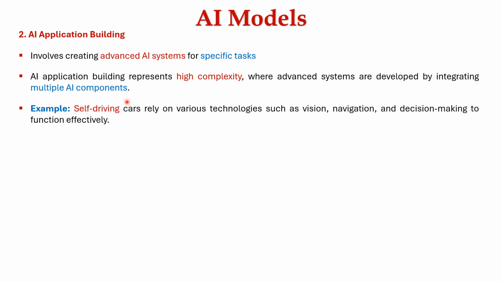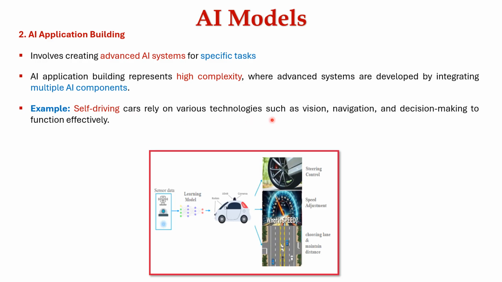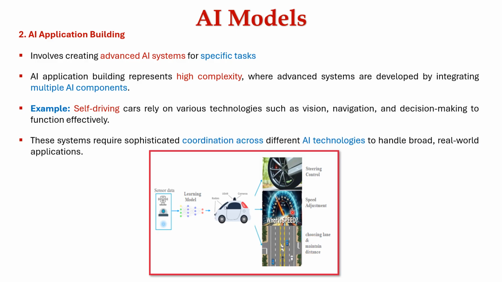Let's have an example, self-driving cars, which is mainly based on various technologies such as vision, navigation, and decision making for steering control, speed adjustment, choosing the lane, etc. for functioning effectively. So these systems require sophisticated coordination across different AI technologies to handle broad and real-world applications.